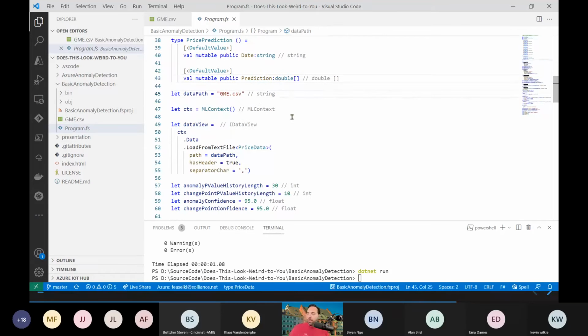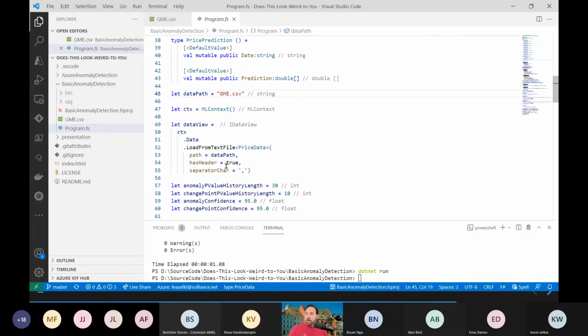And we'll load gme.csv into a data view, which is an ML.NET construct. We load that data from the text file. This is intended to be sort of like the Python or R code loading. Loading a data frame in R or in Python is really easy compared to .NET. This is intended to make .NET a little easier to do.